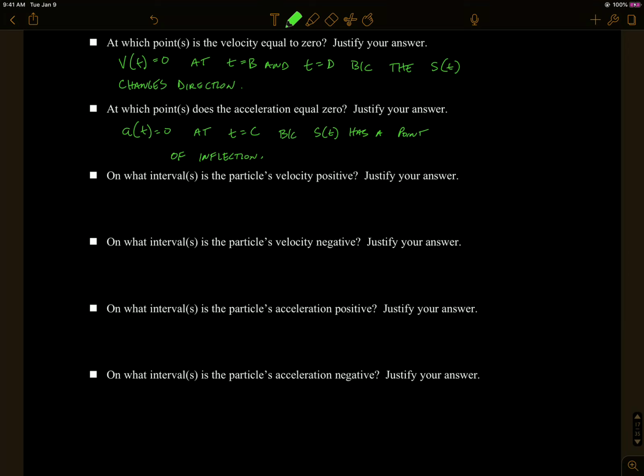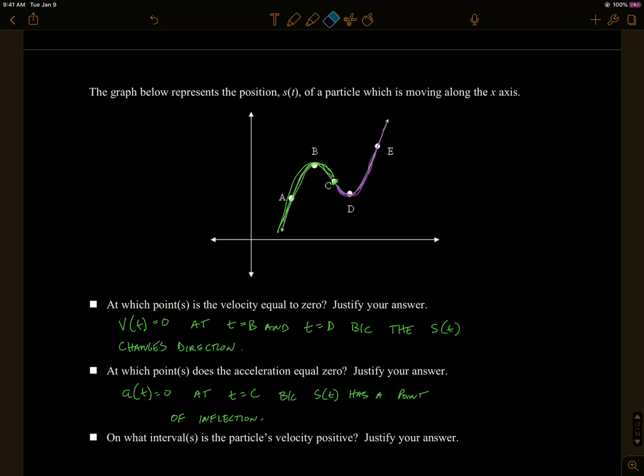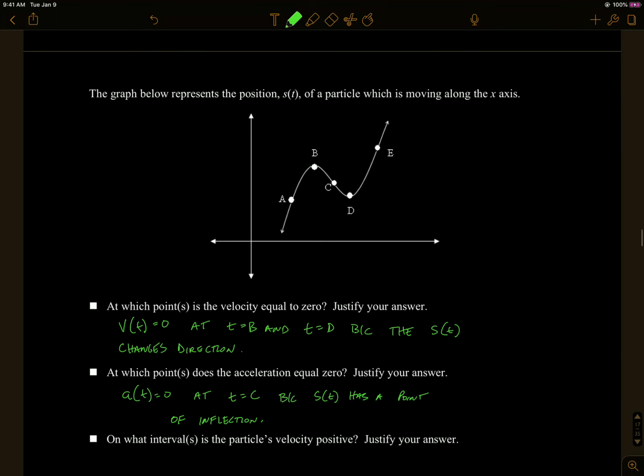On what intervals is the particle's velocity positive? So that means velocity is the derivative of position. And so the interval where the velocity will be positive is what we're looking for, right? That's going to be anywhere where the function is increasing.